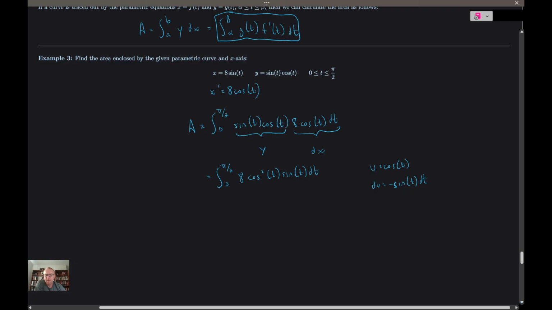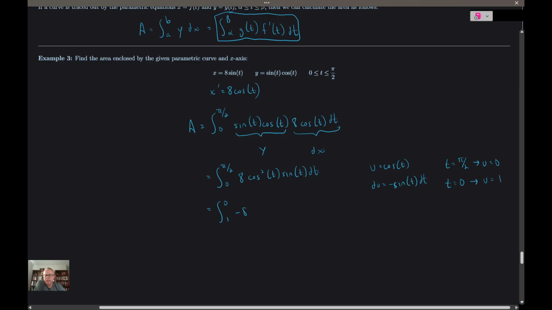And then let's change our limits of integration. So if t is pi over 2, that means that u is going to be 0. And if t is 0, then u is going to be cosine of 0, which is 1. So this goes from 1 to 0.